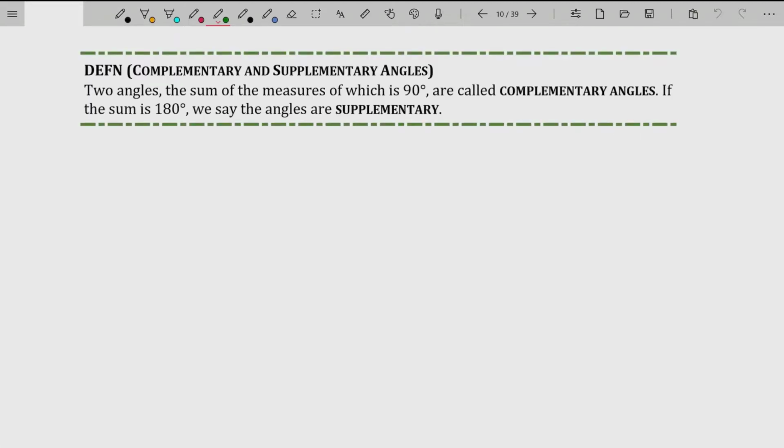All right, moving forward and just continuing this review of prerequisite material for trigonometry. Before we hit our right triangle trig, let's talk about complementary and supplementary angles. I mentioned the words supplementary angle during that proof of the Pythagorean theorem. That is a prereq for the course, but still it's good to review it.